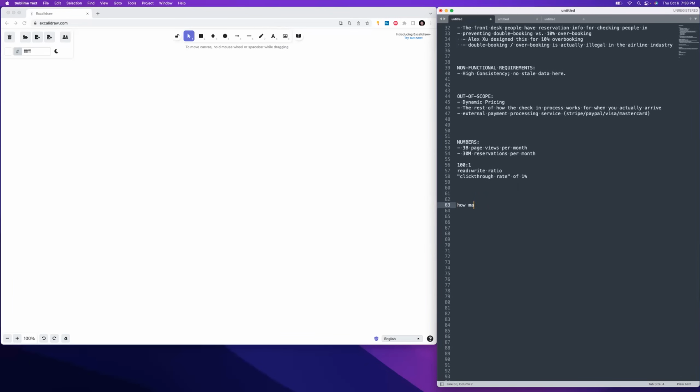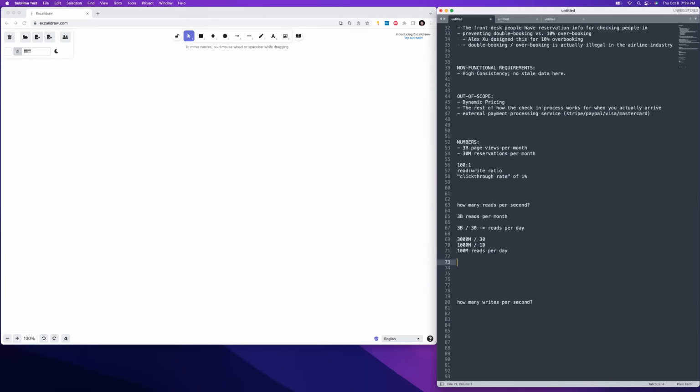Okay, so how many reads per second and how many writes per second? This is for capacity planning. So how many reads? We get 3 billion reads per month. So we're going to do 3 billion divided by 30 to get reads per day. So that is 3,000 million divided by 30, which is equivalent to 1,000 million divided by 10, or 100 million reads per day.